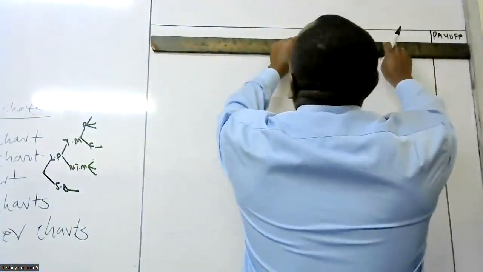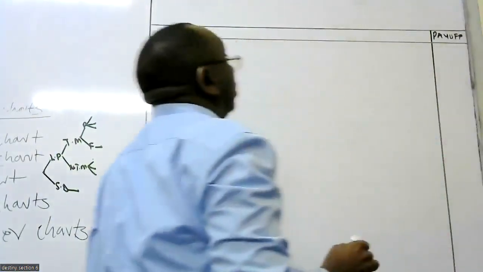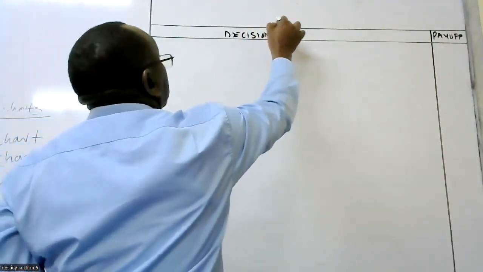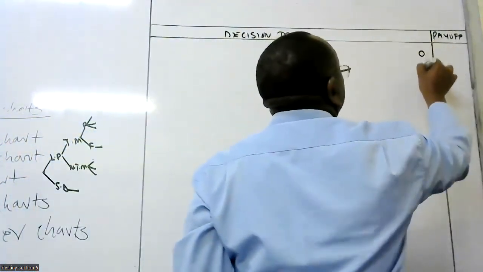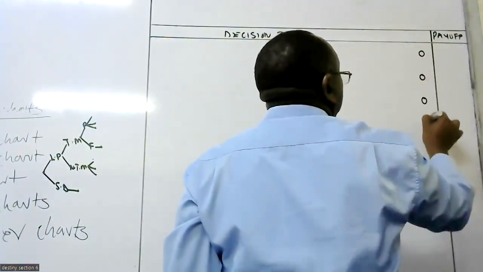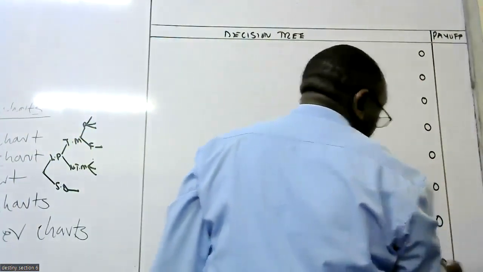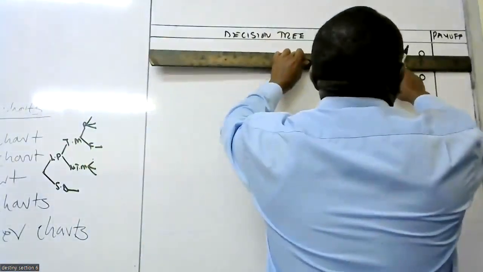So that now we have our decision tree here. So there are 8 tails. So in this case, our 3 outcomes here.